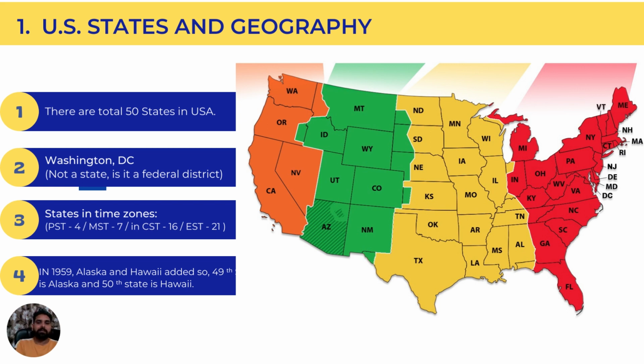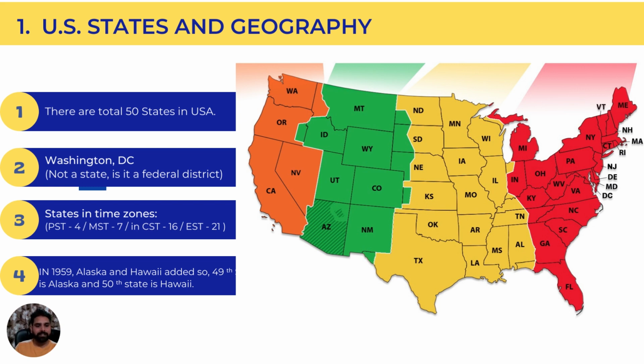Now you will see the whole map is divided into 4 sections: red, yellow, green, and orange. The red part is known as the Eastern time zone. Yellow is known as Central time zone. Green is known as Mountain time zone, and the last one, orange, is known as Pacific time zone.